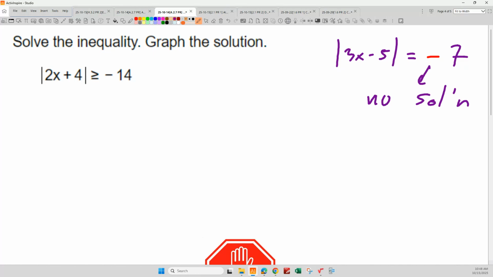How often is the output of an absolute value equal to a negative number? Never. So the answer was no solution. But how often is the output of an absolute value greater than or equal to a negative number?